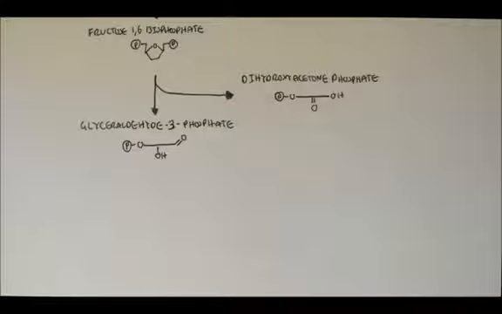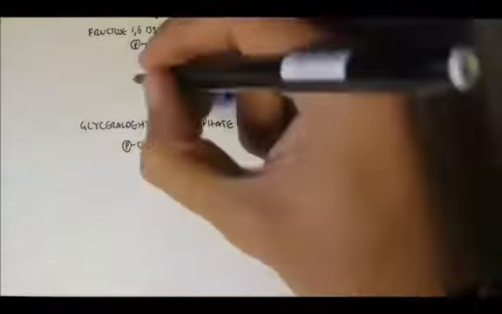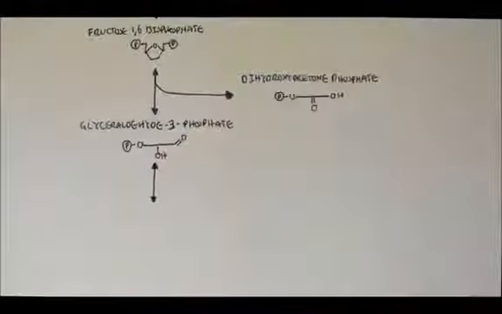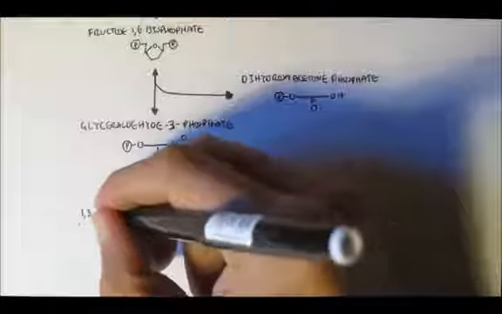Now in glycolysis, dihydroxyacetone phosphate will typically convert to glyceraldehyde 3-phosphate to continue glycolysis. But I'll show you this later on.